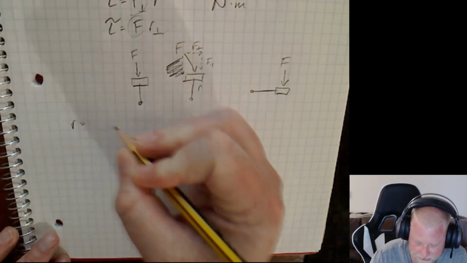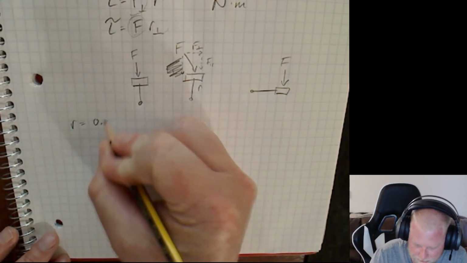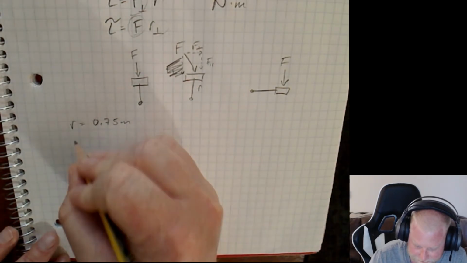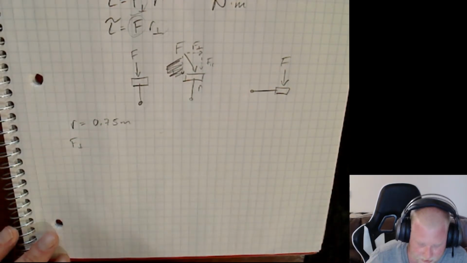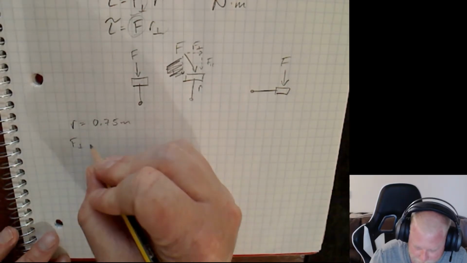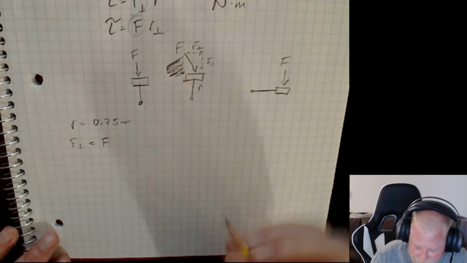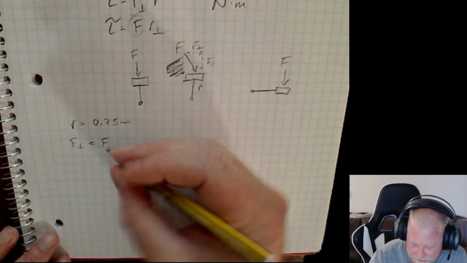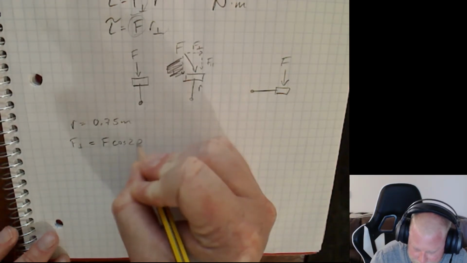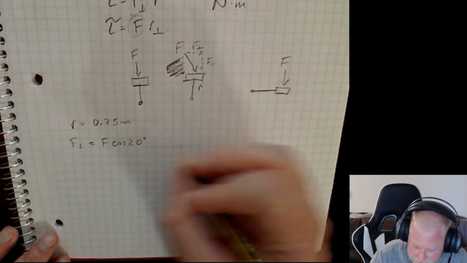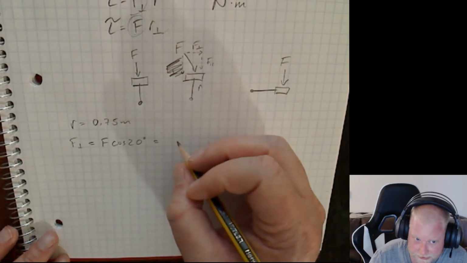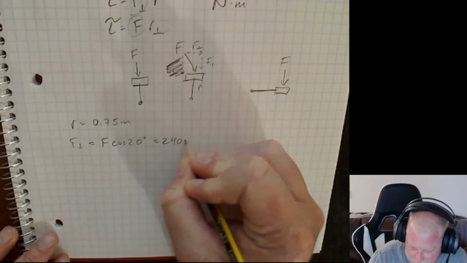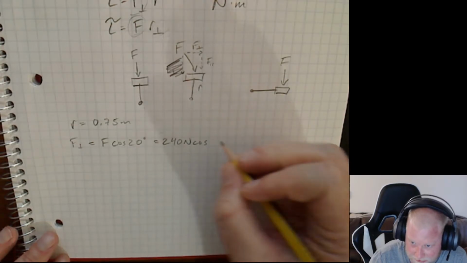So our radial line is 0.75 meters. Our perpendicular component of our force is going to be the force, and in this case, it's going to be the cosine of 20.